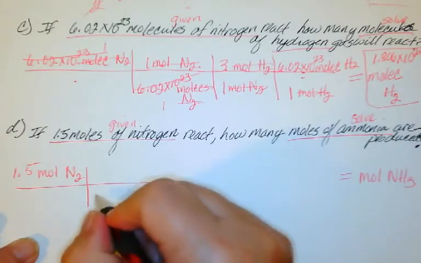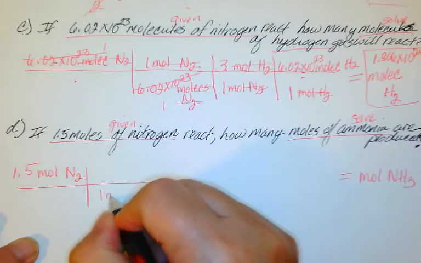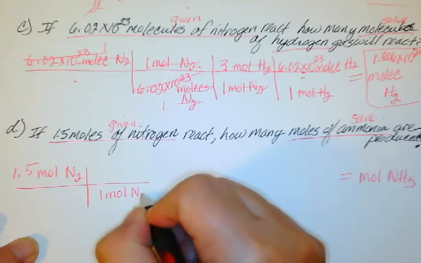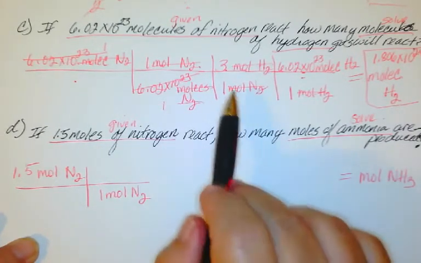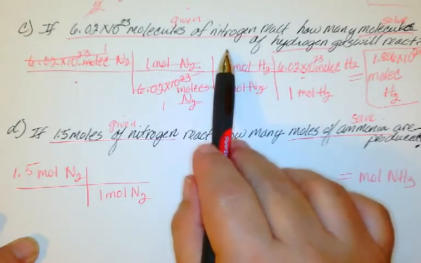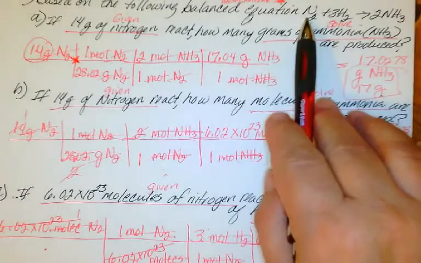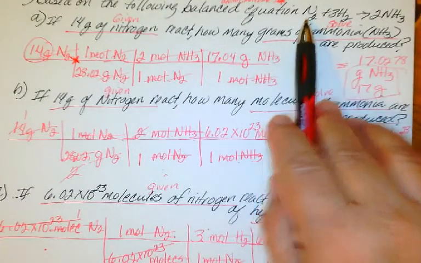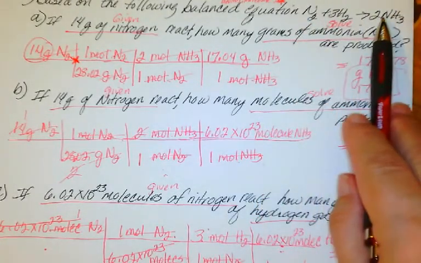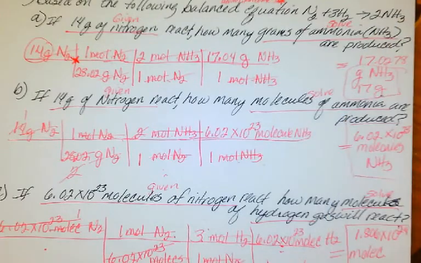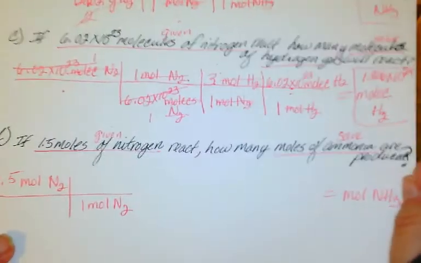Okay, so 1 mole of N2. Why 1 mole? Because we can see that the mole ratio from the balanced equation, clear at the top, 1 mole of N2 makes how much ammonia? 2 moles of ammonia, NH3. Okay.